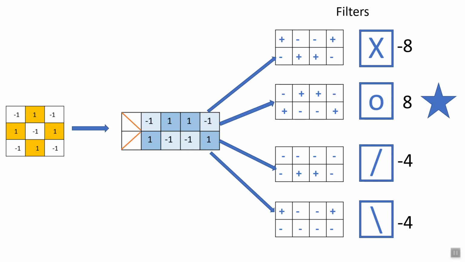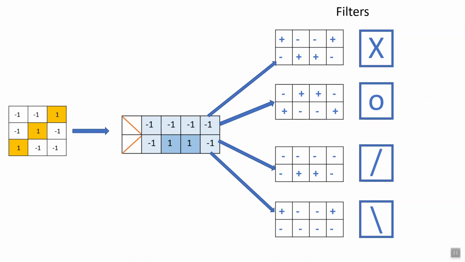So the winner is the +8 value. That is what we conclude, that the image is an O. And for the diagonal we get +4, then -4, the third is +8, and then 0. So using this, the winner is the 8 value, that is the slash.